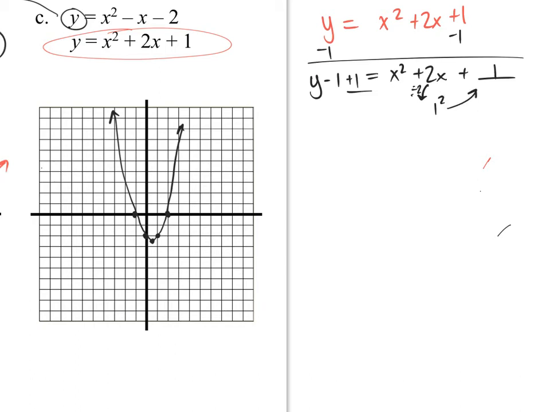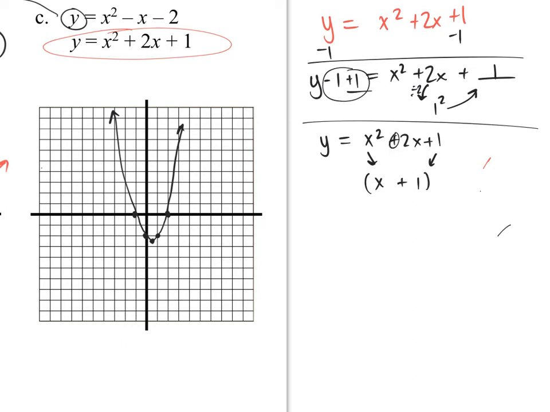So I need to add 1 to both sides, which means I have y plus 0, so just y, which is awesome, equals x squared plus 2x plus 1, so I can go ahead and factor this. The square root of the front is x, the square root of the back is 1, the sign of the middle is plus, and then I don't have to move anything over here.